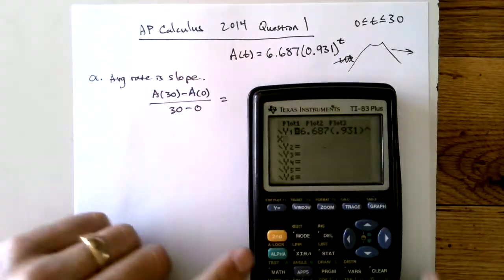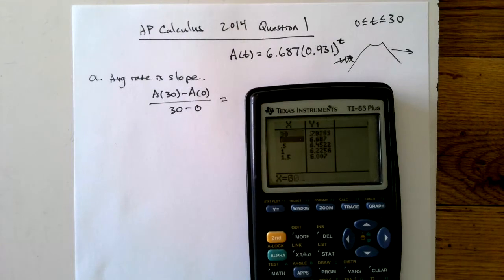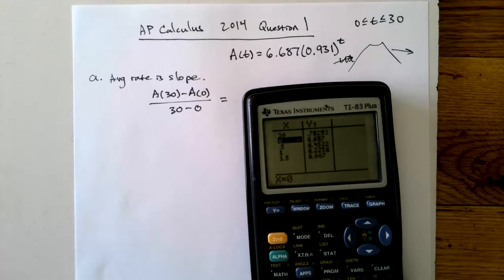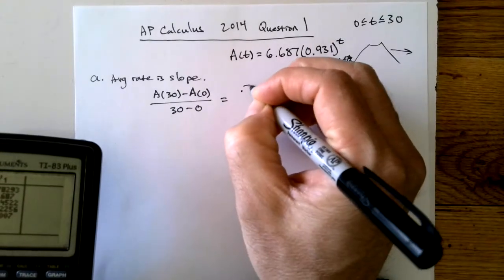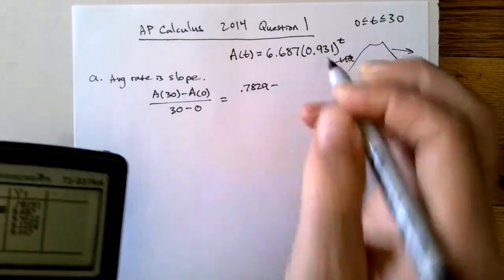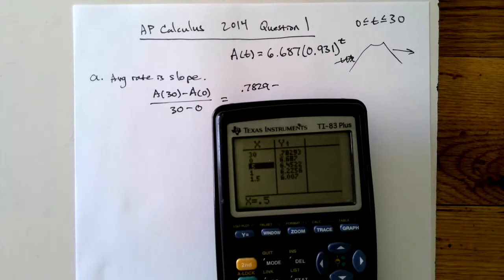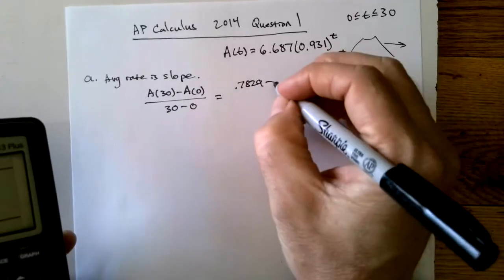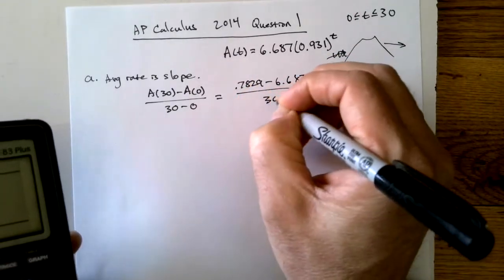Okay, and I'm going to go into my table, and I'm going to type in 30, and I get 0.7829 minus, I'm going to type in 0, and I get, as you can see, 6.687, divided by 30.